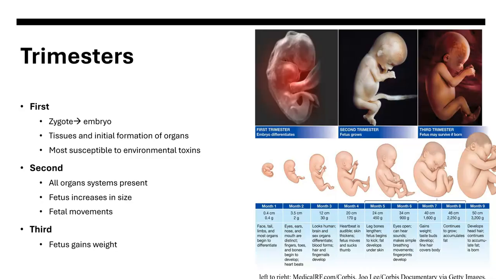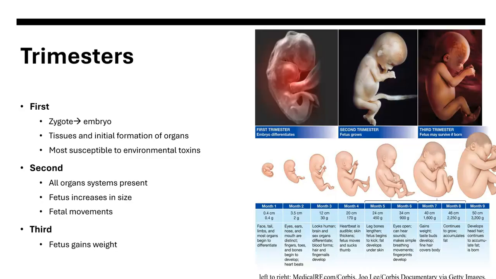After that is the second trimester, from weeks 13 to 26. At this point, all the organ systems should be present. The fetus is going to begin to increase in size. We call it a fetus after 8 weeks of development.